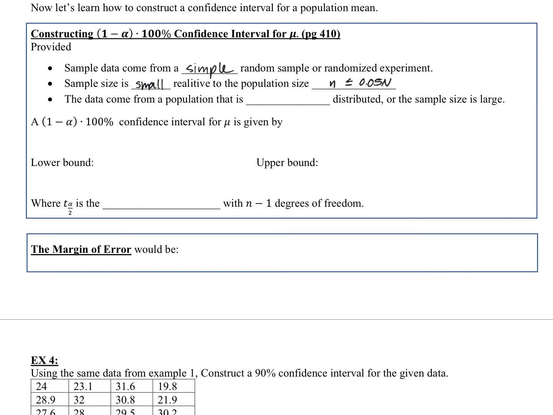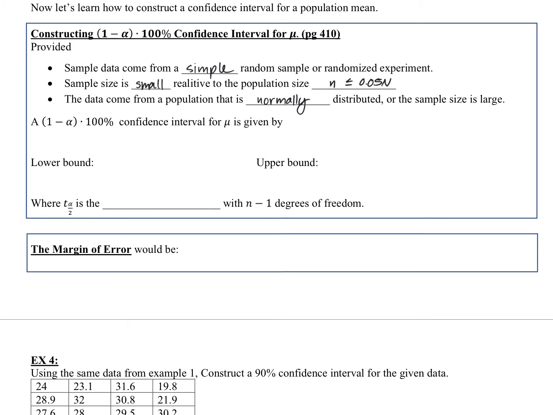And the data from a population that is normally distributed, or the sample size is large. Okay, so either you have a small sample size that's normally distributed, or the sample size is large.